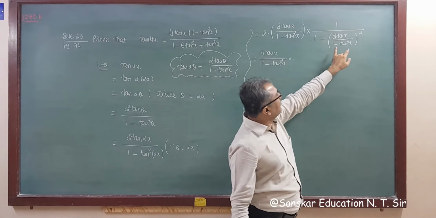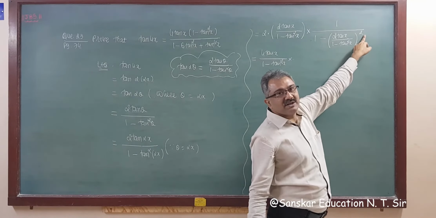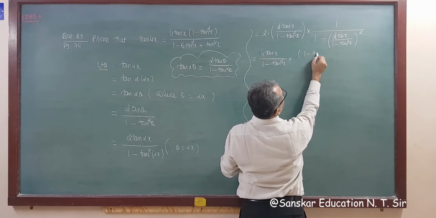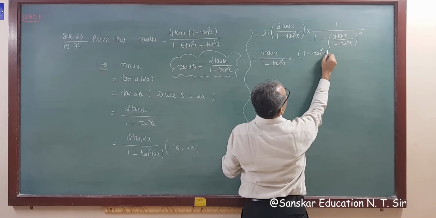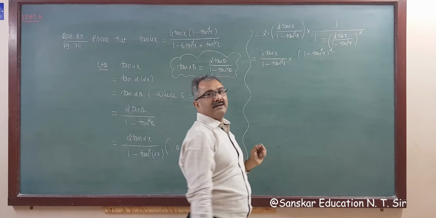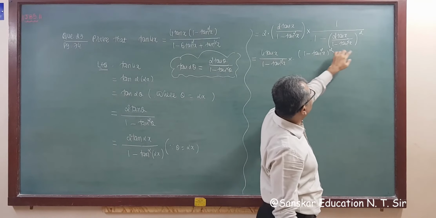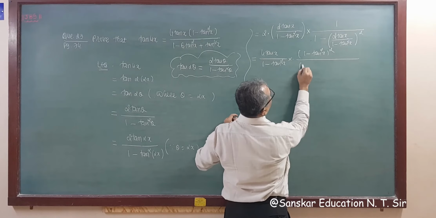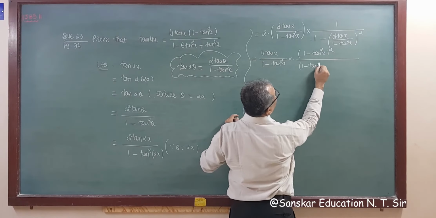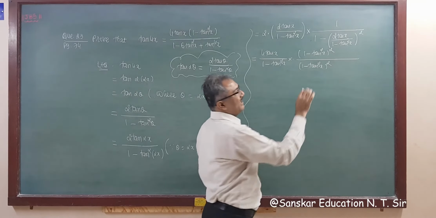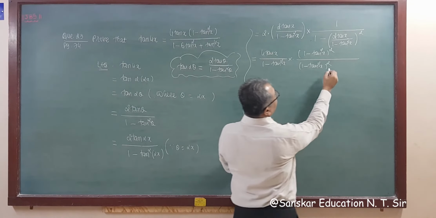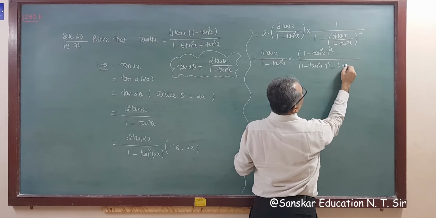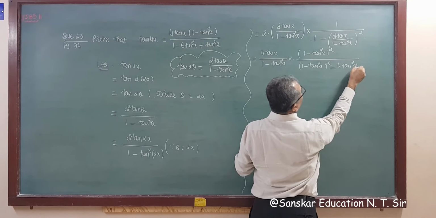Now taking LCM, 1 minus tan square x whole square is the LCM. So the denominator of the denominator goes to the numerator. So this 1 minus tan square x is multiplied here also, minus 4 tan square x, square of this. So 4 tan square x.